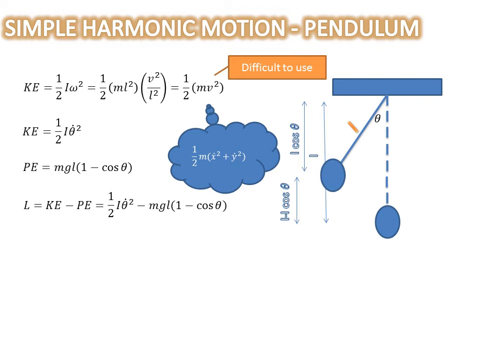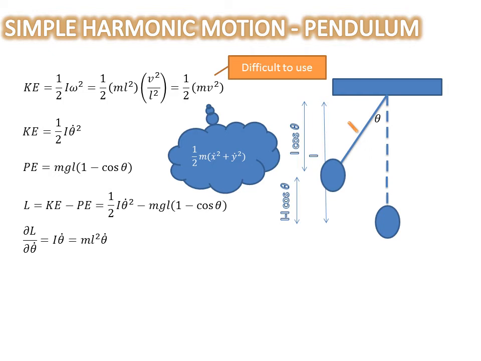Now, to apply the Euler-Lagrange equation, I must find some terms. The partial derivative of the Lagrangian with respect to theta dot is m l squared theta dot, because the second term of the Lagrangian has no theta dot, and theta differs from theta dot.